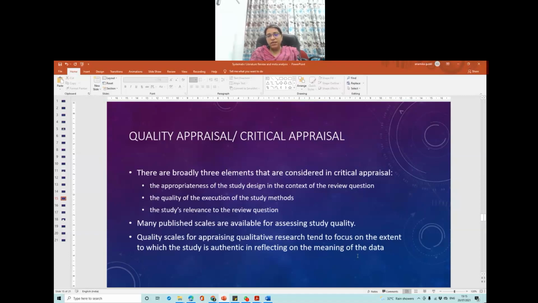Is that study really relevant to be included in the review is another question which is critically appraised to check that inclusion. Many published scales are available for assessing study quality.